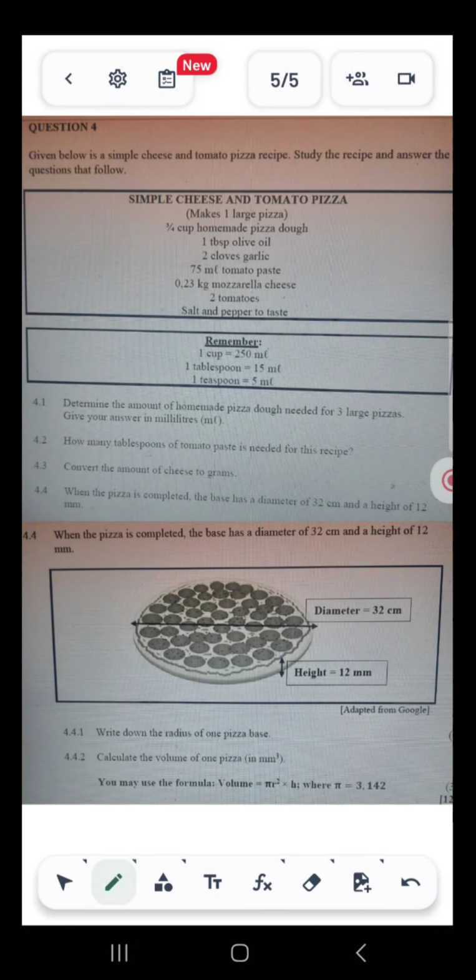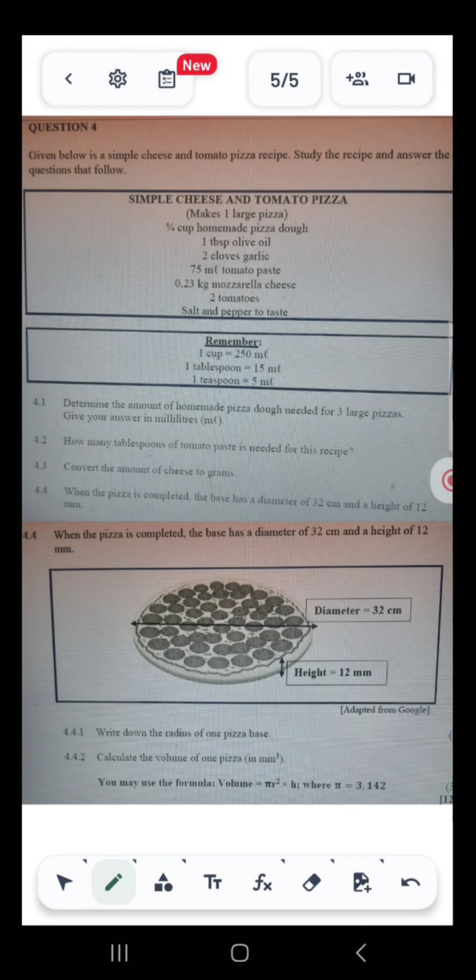Given below is a simple cheese and tomato pizza recipe. Study the recipe and answer the questions that follow. Simple cheese and tomato pizza makes 1 large pizza. Ingredients: 3/4 cup homemade pizza dough, 1 tablespoon olive oil, 2 cloves garlic, 75 milliliters tomato paste, 0.323 kilogram mozzarella cheese, 2 tomatoes, salt and pepper to taste.